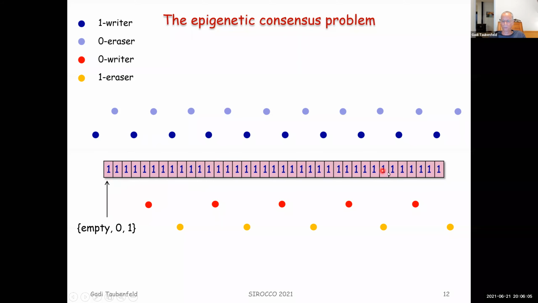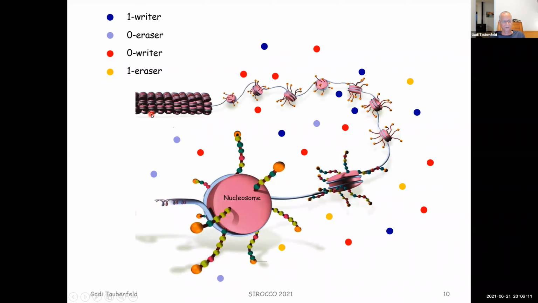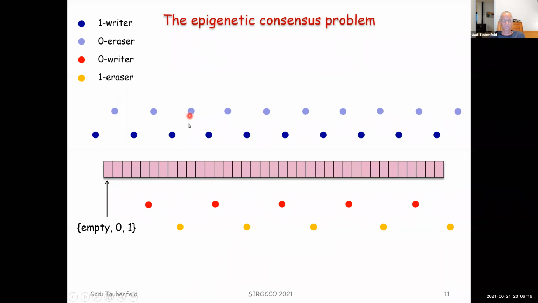This array would not change from that point on. And this will cause this part, for example, to open up. Okay, so this is the epigenetic consensus problem.